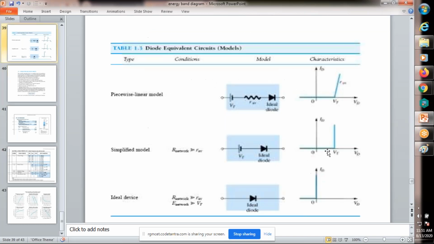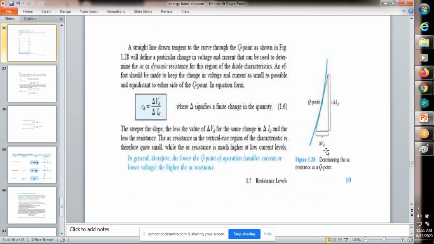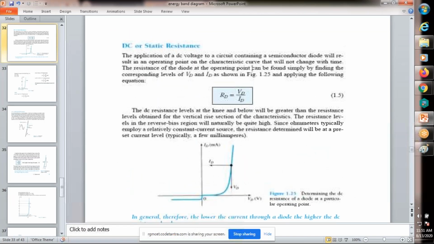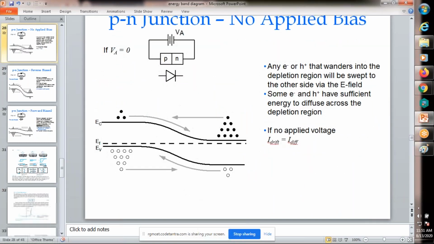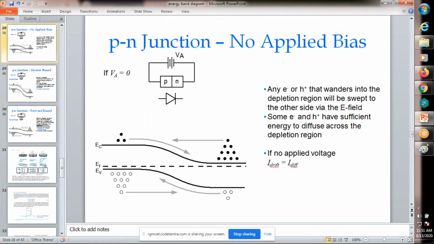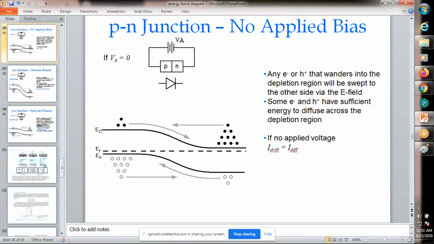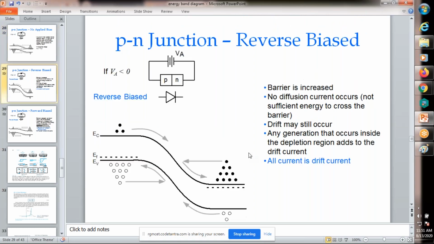Okay, this is about today's class. Briefly, we discussed the PN junction, and finally the energy band diagram of a PN junction. Under no bias, drift current is equal to diffusion current. In reverse bias, the height of the built-in potential increases.